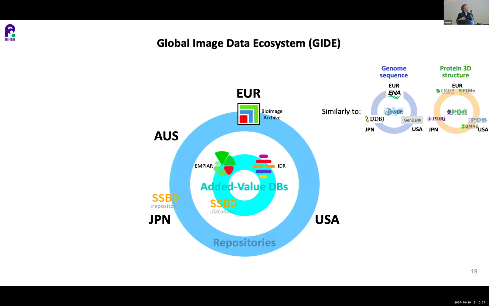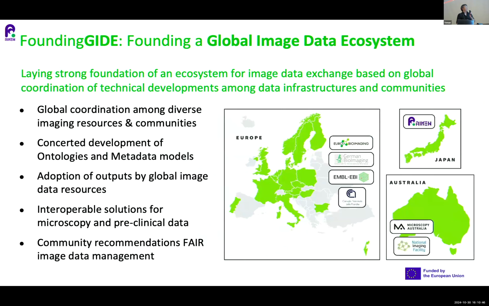Think about sequencing data or protein structural data. We want to make a similar kind of system for image data, and maybe it should be called a global image data ecosystem, something like that. We started a new funded project, thanks to the support from the European Commission.